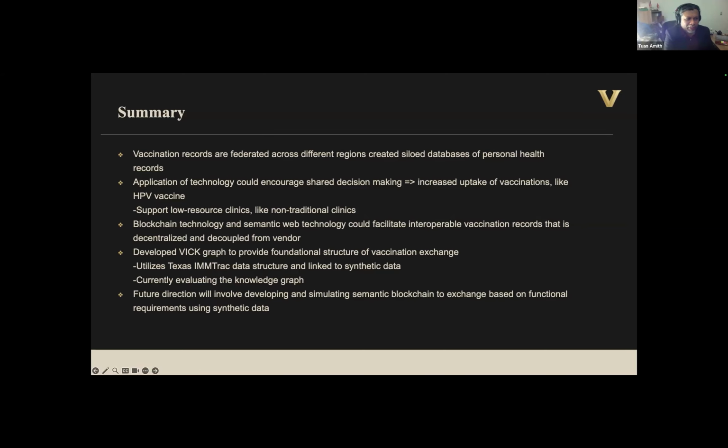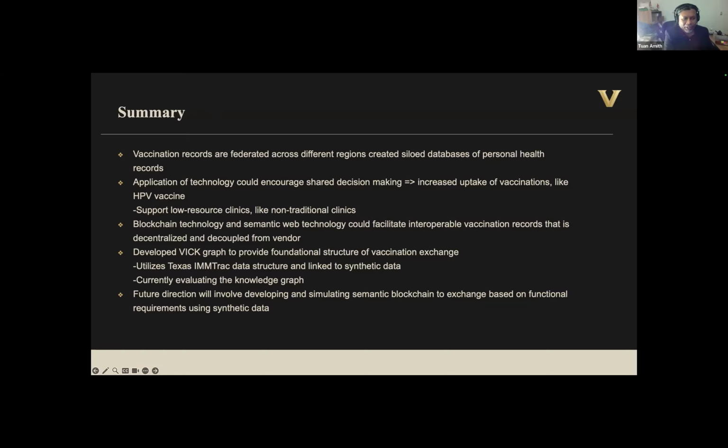Overall, as a first step, we discussed the development of the graph as being our foundational structure for the vaccination exchange, and utilizing the metadata from immunization resources and EHR.